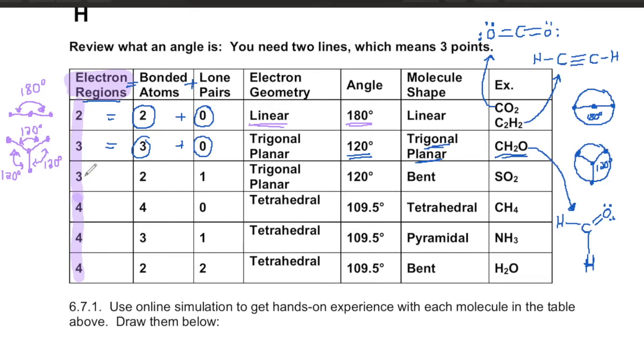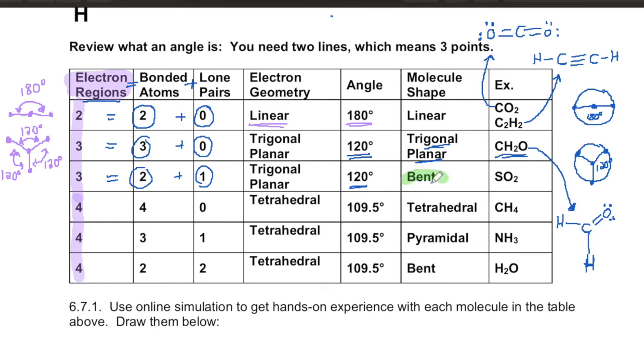There's another way that we can get 3 electron regions. Instead of having 3 atoms and 0 lone pairs, we could have 2 atoms and 1 lone pair. That would still have a 120-degree angle, and the geometry of the electrons would be trigonal planar. However, we have a different shape of the molecule.